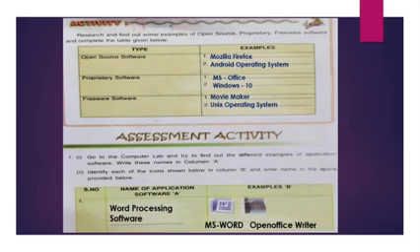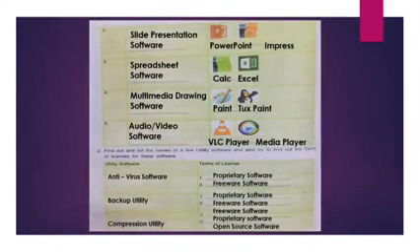Write the name in column A and identify each of the icon given below in column B and write the name in the space provided below. तो हम लोगों को क्या करना है, कंप्यूटर लैब में जाना है और उसमें देखना है कि कौन कौन सा एप्लीकेशन सॉफ्टवेयर हमारे पास है। तो उसको कॉलम ए में लिखना है और जो आइकन दिया हुआ उसको कॉलम बी में लिखना है। तो यहाँ पर है वर्ड प्रोसेसिंग सॉफ्टवेयर, इधर जो आइकन है वो हमारा एमएस वर्ड है और ओपन ऑफिस राइटर है। Come to the next page.